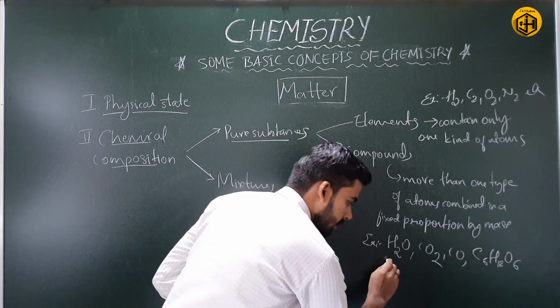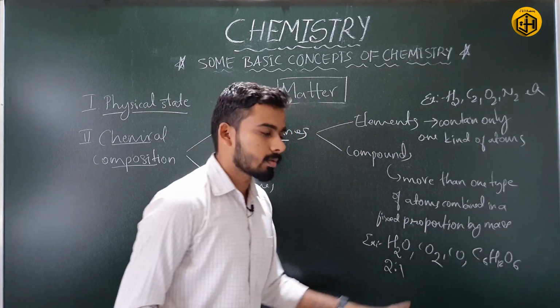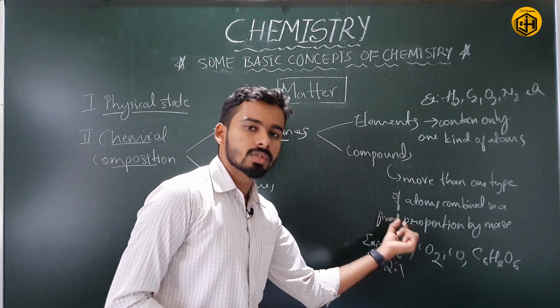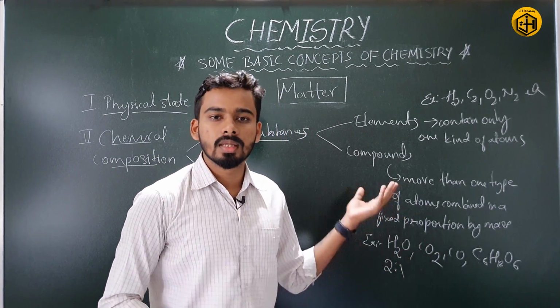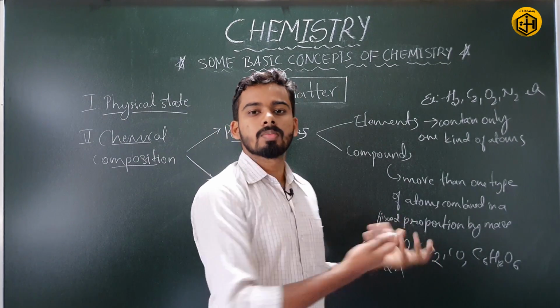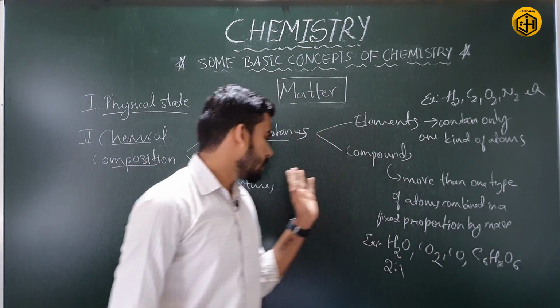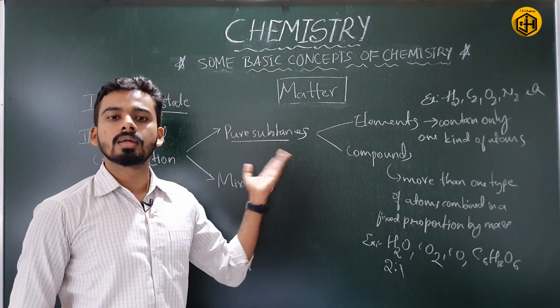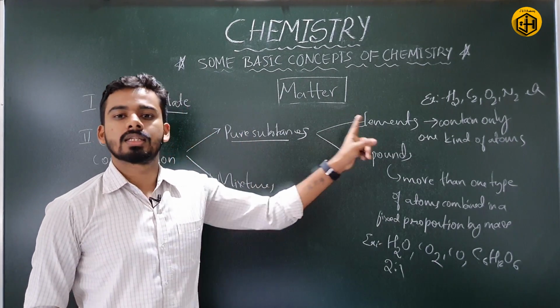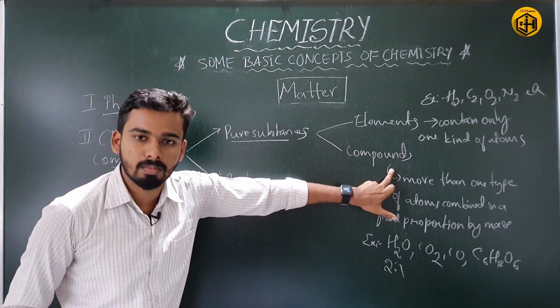Here water is joined in a 2:1 ratio. The composition of hydrogen and oxygen will always be fixed. Then only it is a pure substance. If they have an inappropriate composition, then they are considered a mixture, not a pure substance. Got my point? Pure substances are classified into two types, elements and compounds.